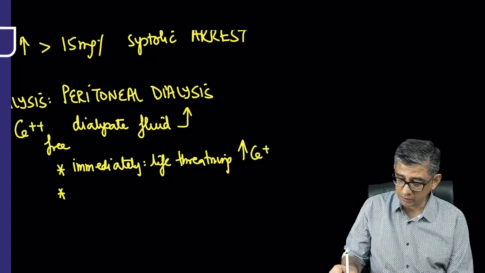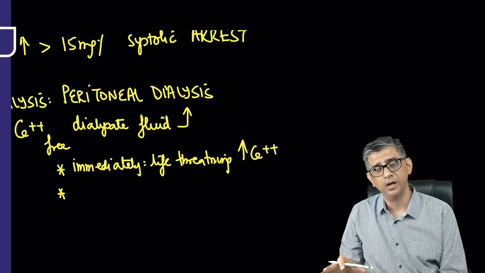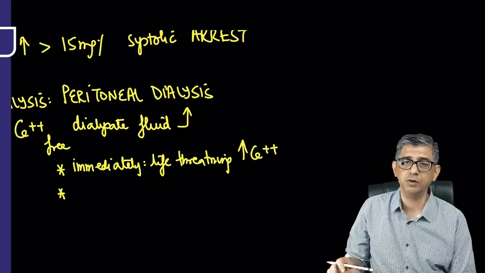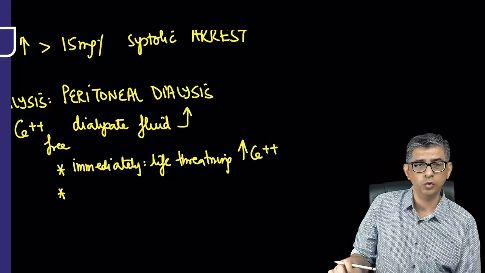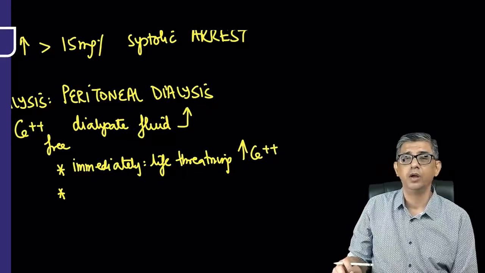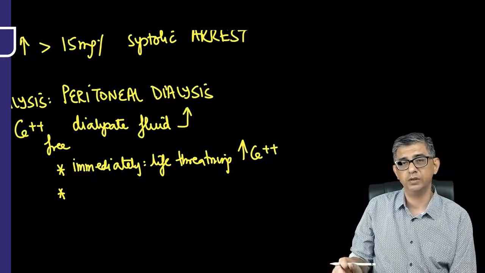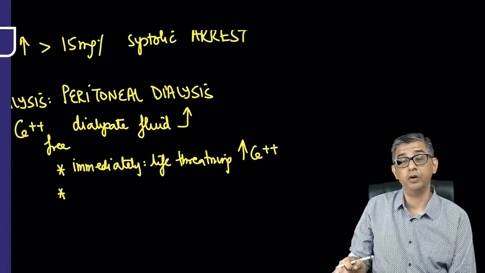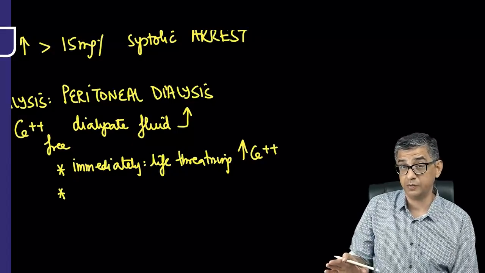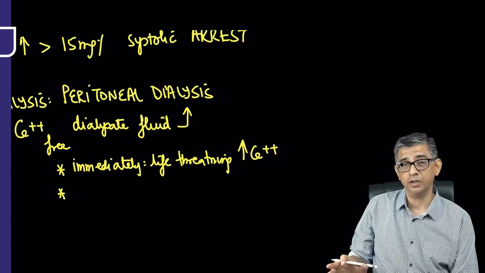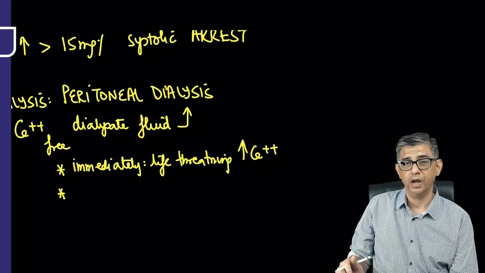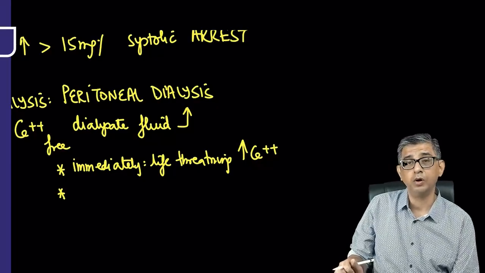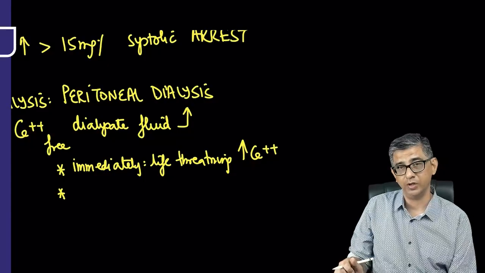So if he gives you calcium values outrageously high, like 15, like in the exam he has given mild. If it is a mild case, no issues, like a value of 11 to 12, you can easily manage the patient with bisphosphonates. Obviously, if renal failure is there, bisphosphonate dose needs to be adjusted, but otherwise you can manage the patient with hydration, furosemide, bisphosphonate, and if multiple myeloma is contributing to it, you might have to add steroids also.